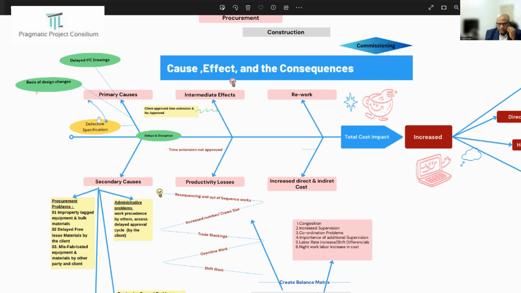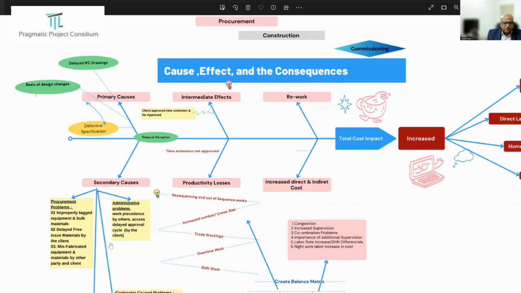Coming to the secondary causes, there are procurement problems and administrative problems. For example, in procurement, improperly tagged equipment and bulk materials are a major concern.